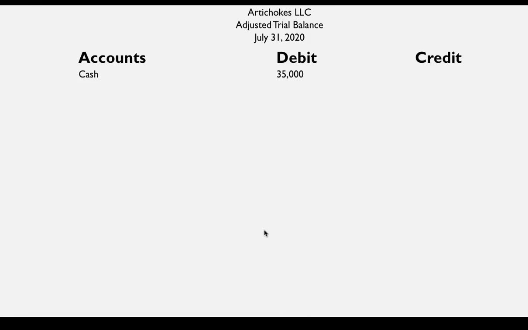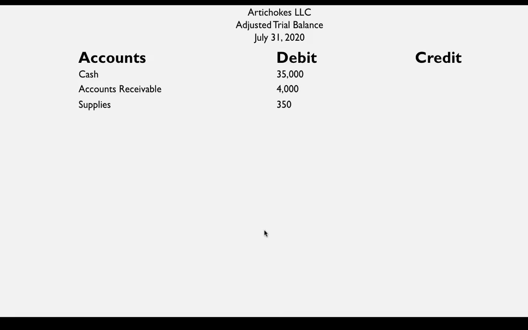The next account is going to be accounts receivable again. That was not affected, and so that still has its $4,000. Supplies comes next, and supplies is where we see our first change in the number for our adjusted trial balance versus our trial balance that we did earlier.